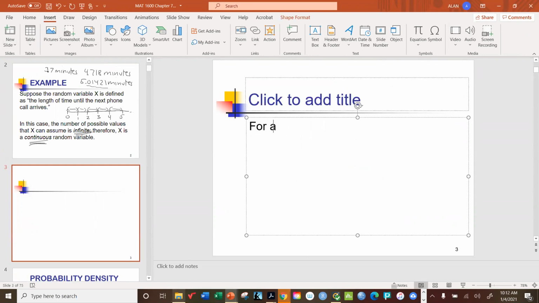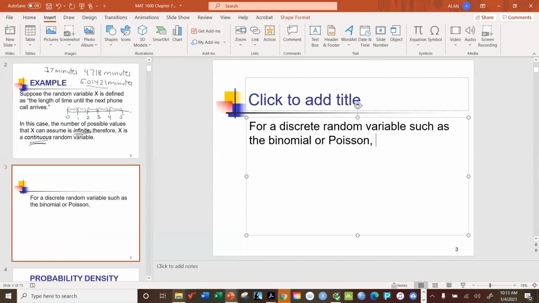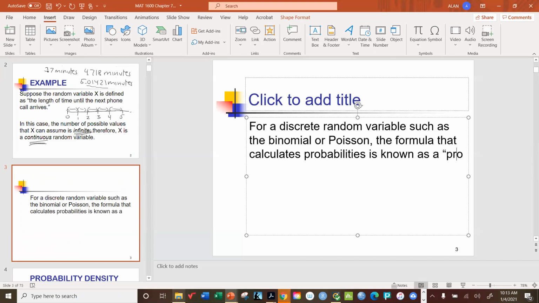For a discrete random variable, such as the binomial or Poisson, the formula that calculates probabilities is known as a probability mass function.